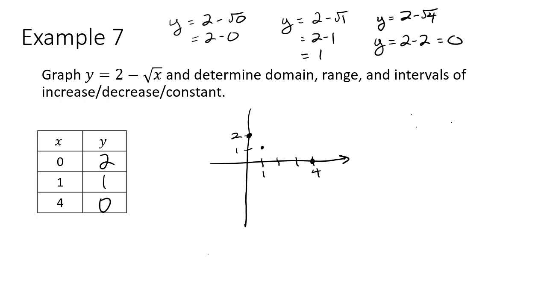So this one, because it's headed down, is the bottom half of a sideways parabola. So if we connect the dots, we get a graph that looks a little bit like this. And ideally, I would make that a little bit more curved near the base. But your shapes don't have to be perfect when you're drawing by hand, as long as they're decent.